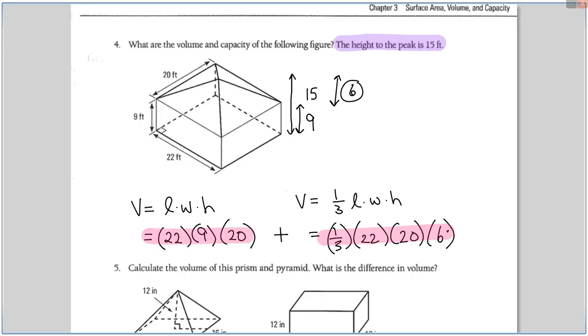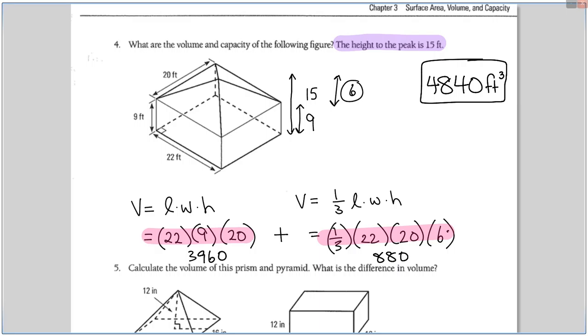So this and this we have to add up. 22 times 9 times 20. I got 3960. 22 times 20 times 6 divided by 3, I got 880. Add those up. I got 4840. What unit is that in? Cubic feet.